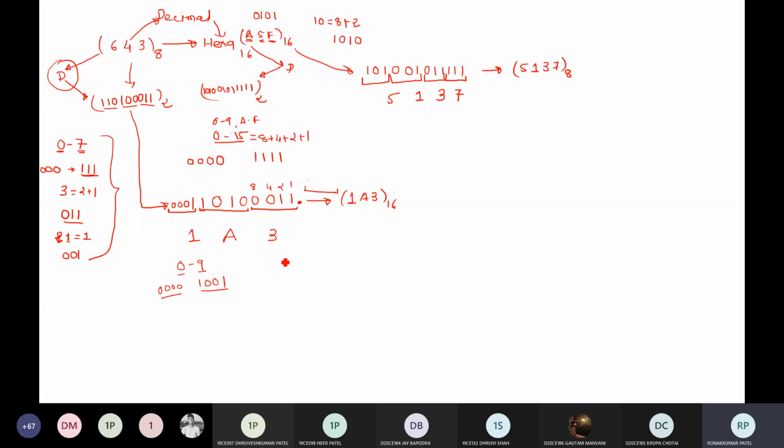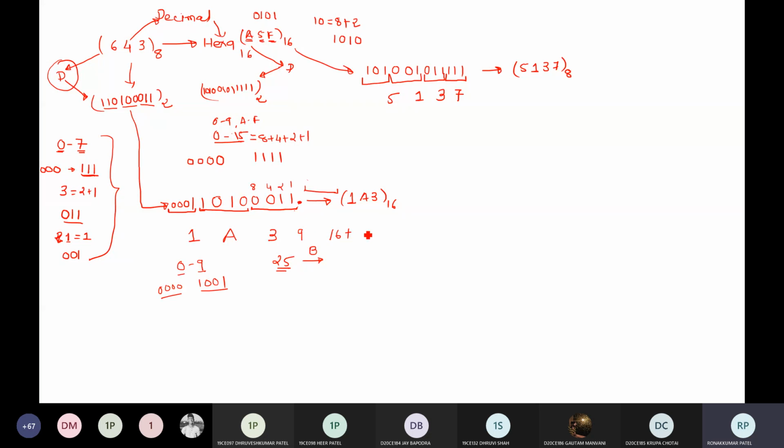So assume you have a number, take 25. If you represent 25 in binary, what will come? Which power of 2 is next? 16, and the next is 32, so we start with 16. 16 plus, 25 minus 16 is 9.